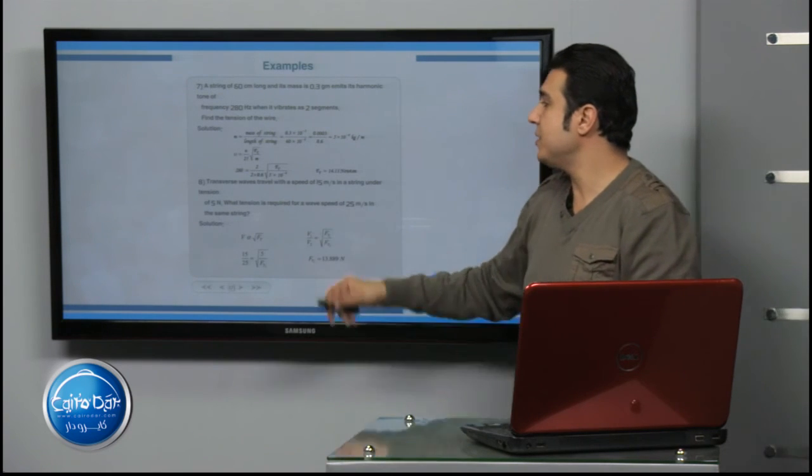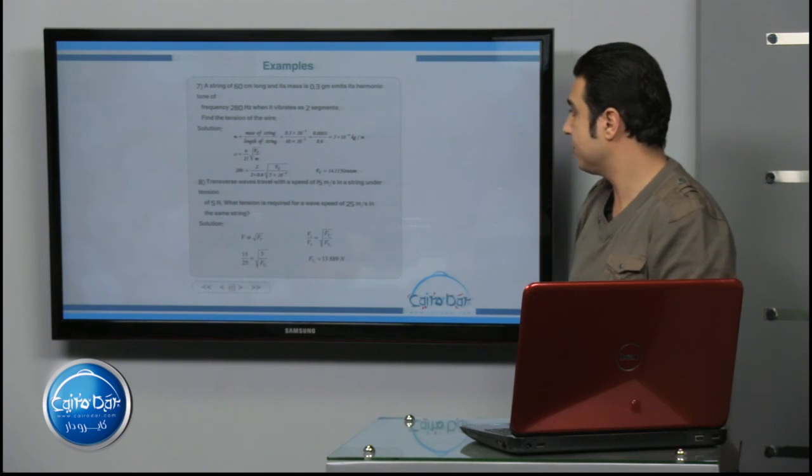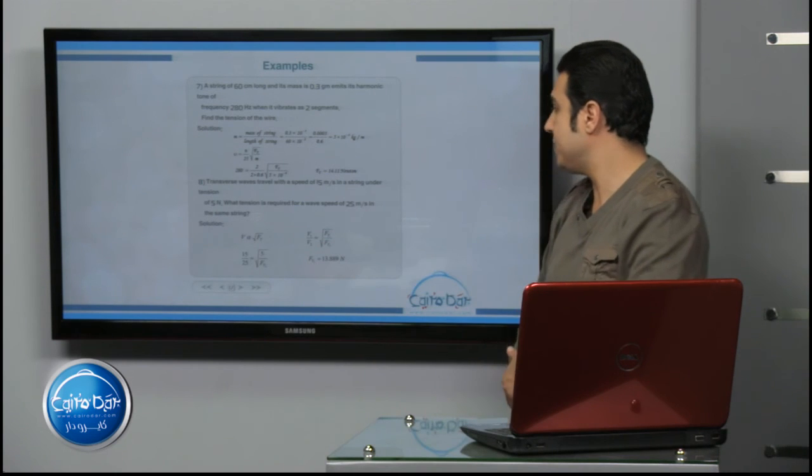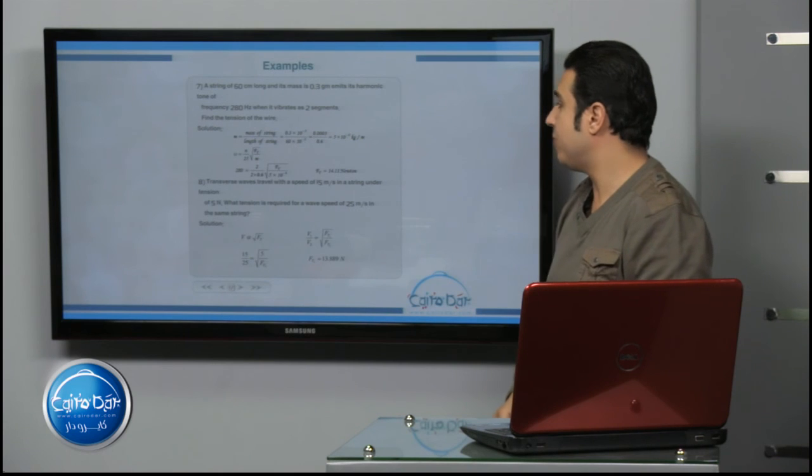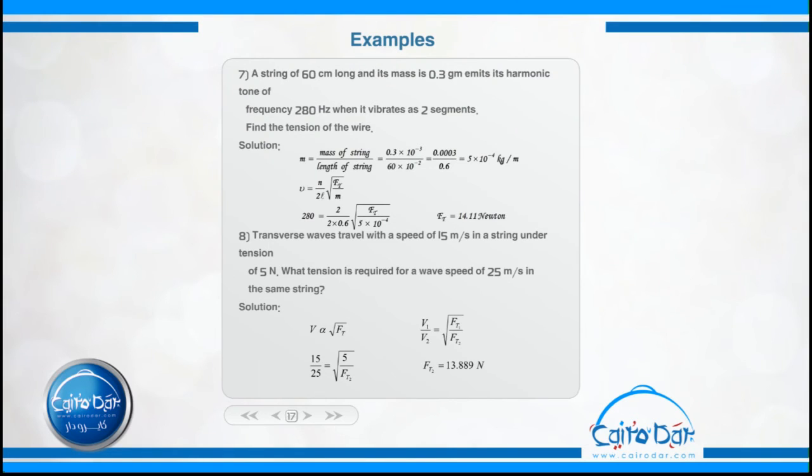Another example. Transverse waves travel with a speed of 15 meter per second in a string under tension of 5 Newton. What tension is required for a wave speed of 25 meter per second? Here, the relation between the velocity and the square root of tension force is directly proportional.